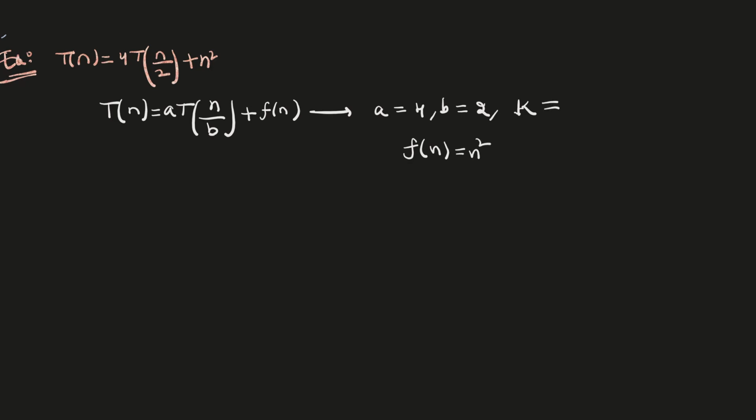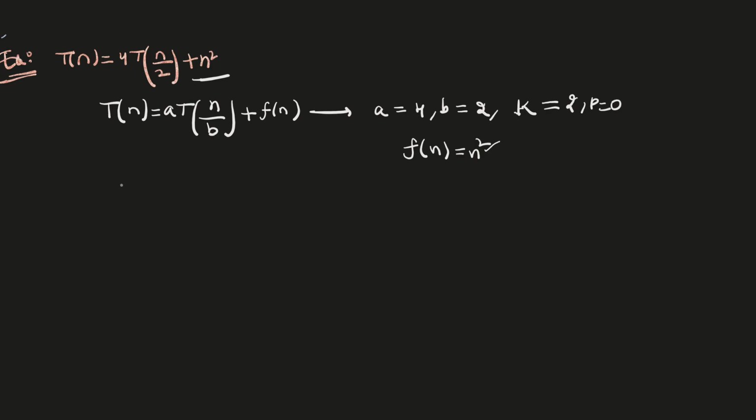So k is equal to 2, the power of n, and p here is 0 because there is no log term. If he mentions in the question to solve it through extended master's theorem, then you need to use this.